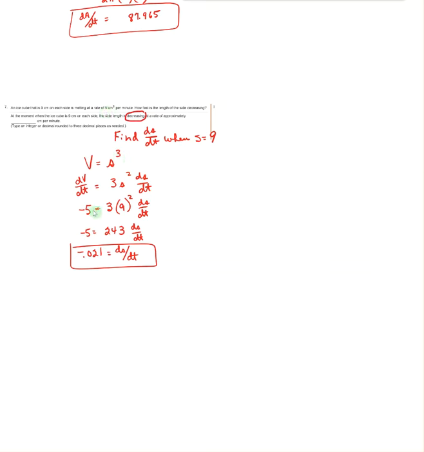And it's melting, so it's going to be a negative 5 equals 3 times the side, 9 squared, and we're looking for ds/dt. So this becomes 243. We'll divide that into negative 5. We get negative 0.021 equals ds/dt, but we're going to put the positive value up here.